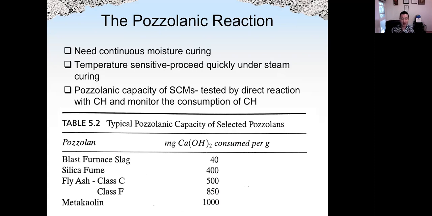Slag consumed 40 milligrams per gram of calcium hydroxide, which is much smaller compared to silica fume and metakaolin, as well as fly ash. However, slag has not only pozzolanic properties but also hydraulic properties, which means slag by itself can generate CSH, which makes it very beneficial to concrete.